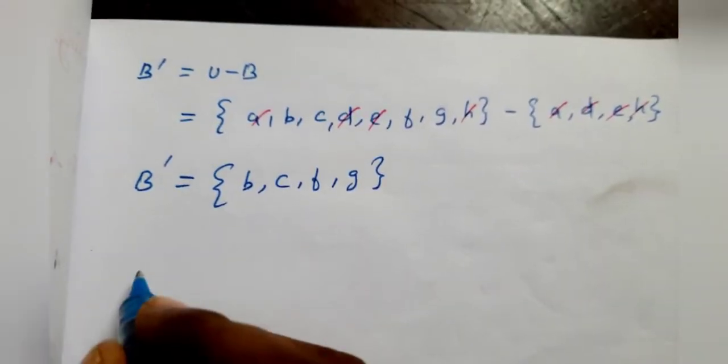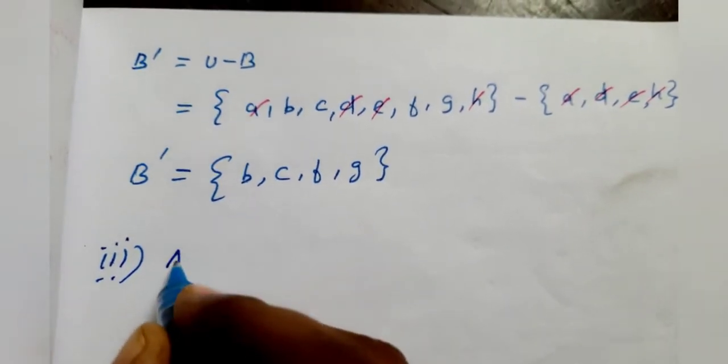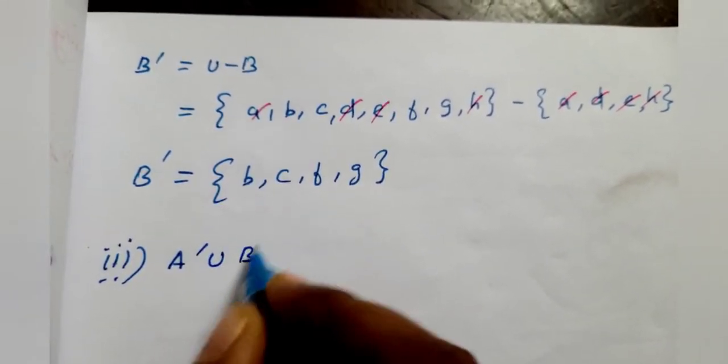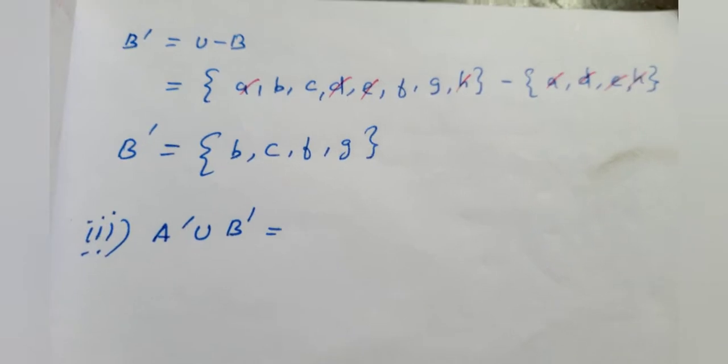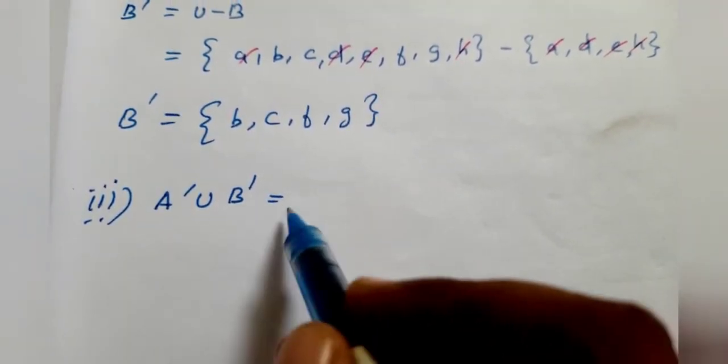Now we shall move to the third subdivision, A dash union B dash. Previously we have found A dash and B dash.